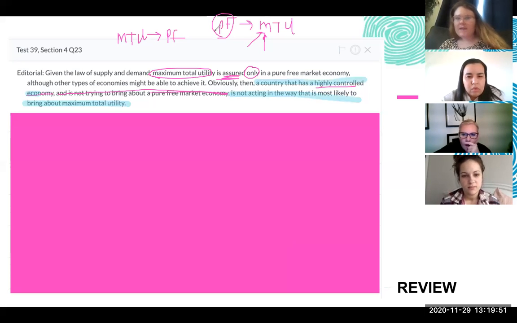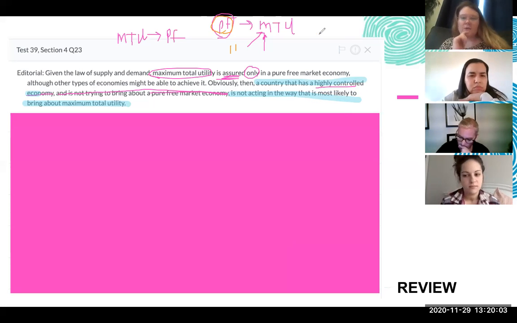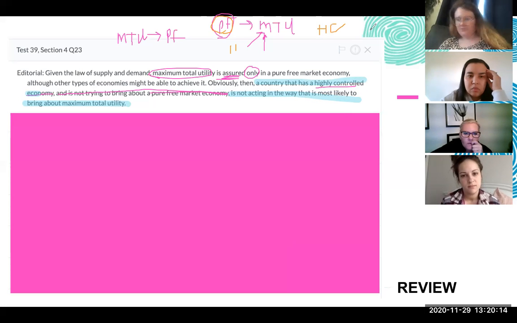So then why can we not say that a highly controlled economy is not the most likely way to bring about that MTU, because we know that the most likely way is this.